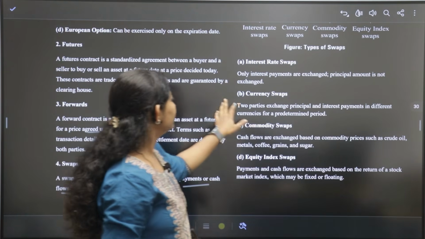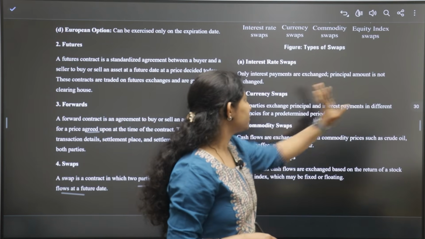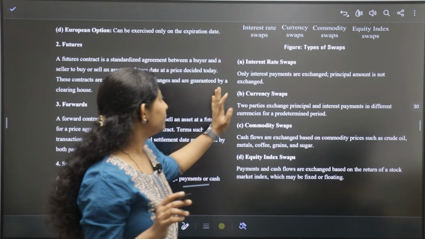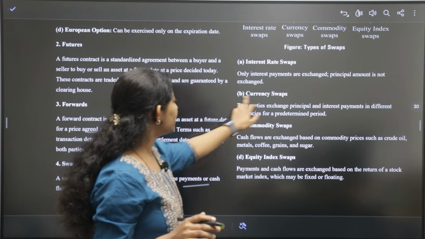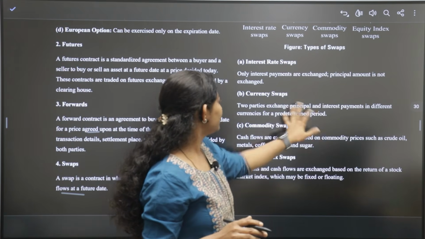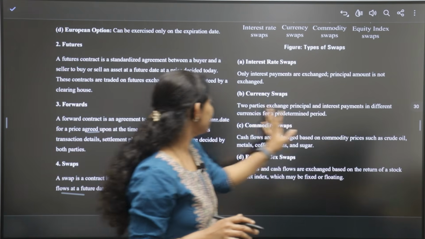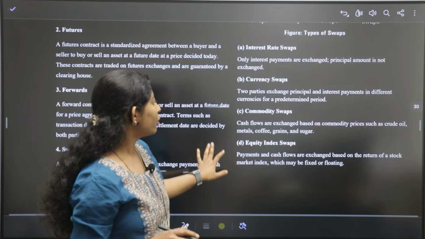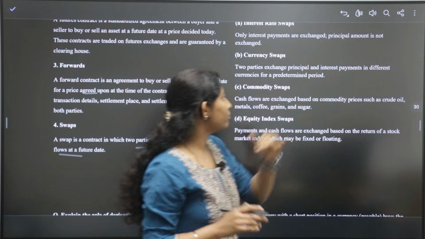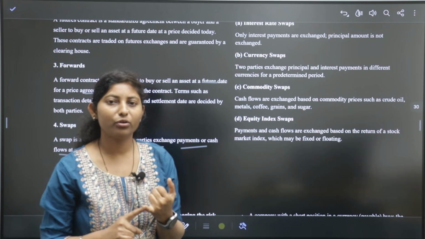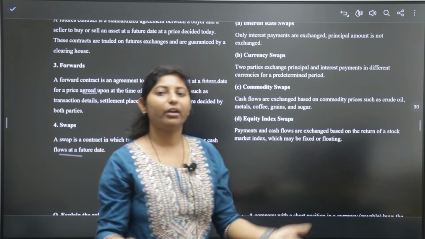In an interest rate swap, the principal amount is not exchanged. A currency swap is nothing but the principal amount and interest payments in different currencies for a predetermined period. Here our interest rate amount is different and our principal amount is different for different periods.